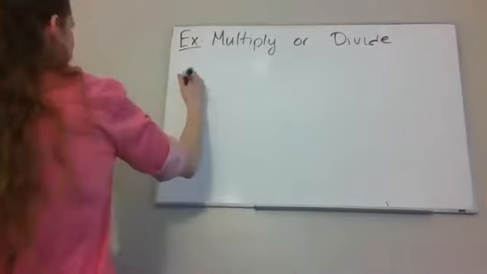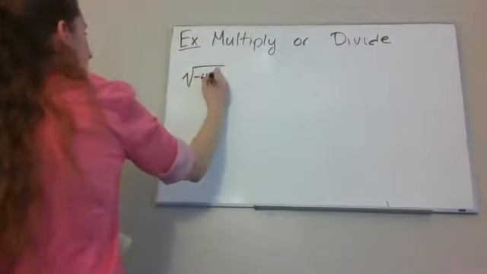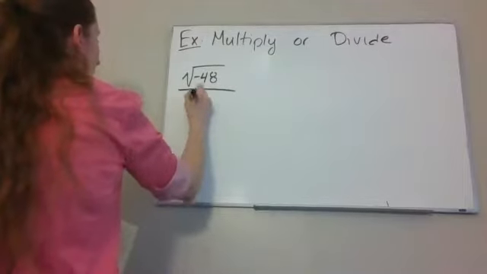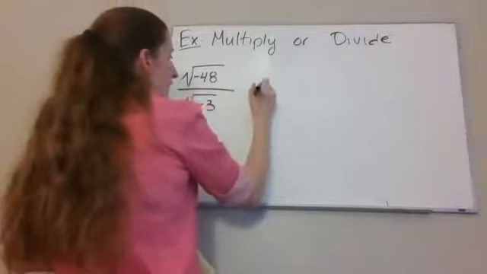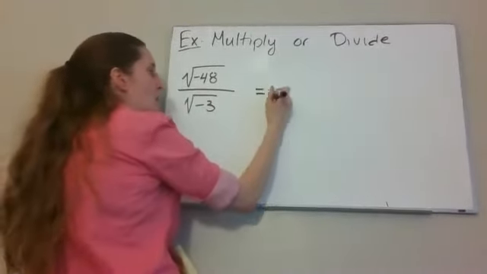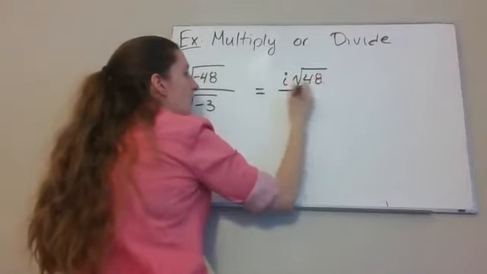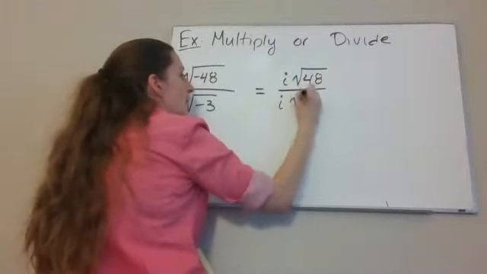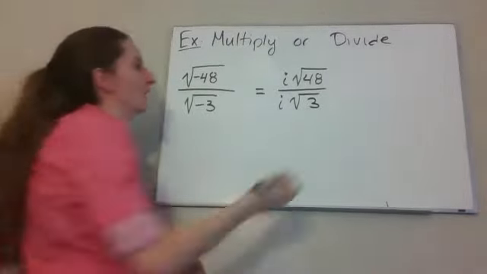So let's now do the square root of negative 48 divided by the square root of negative 3. And the first thing we're going to do is rewrite it without negatives under the root. So I'll have i times the square root of 48 over i times the square root of 3. And you see that the i's are going to cancel out.